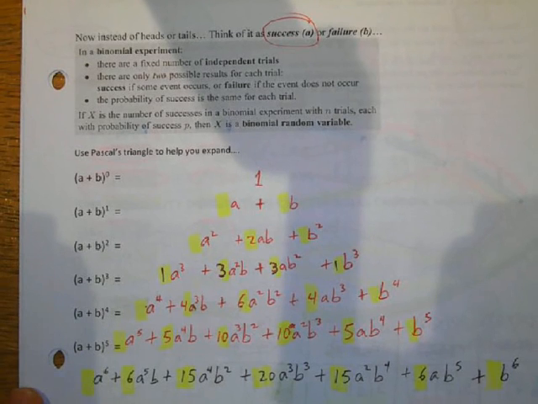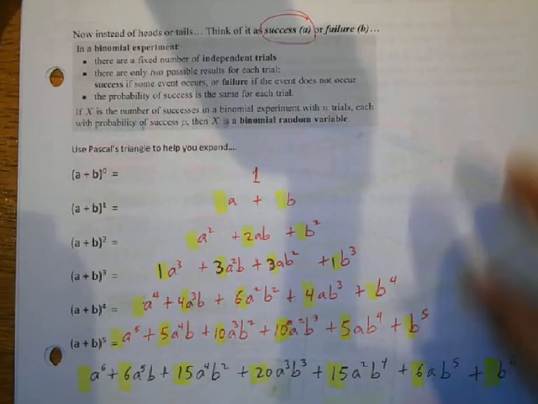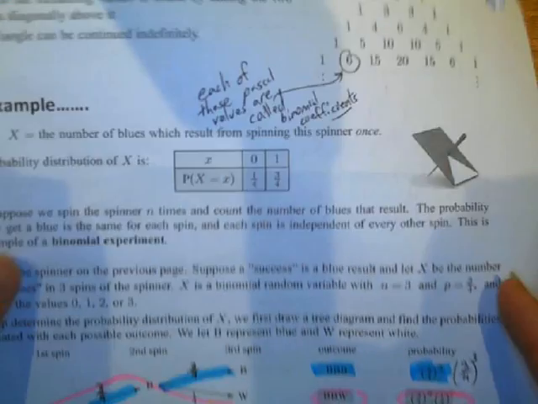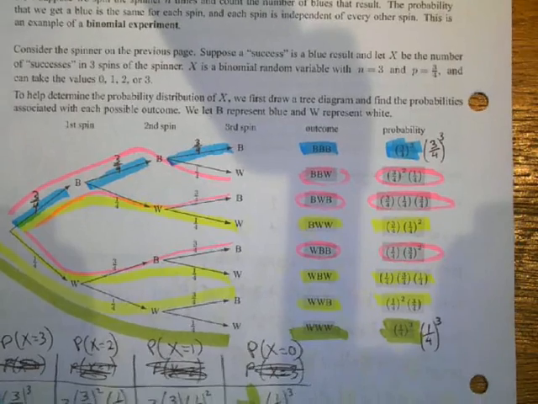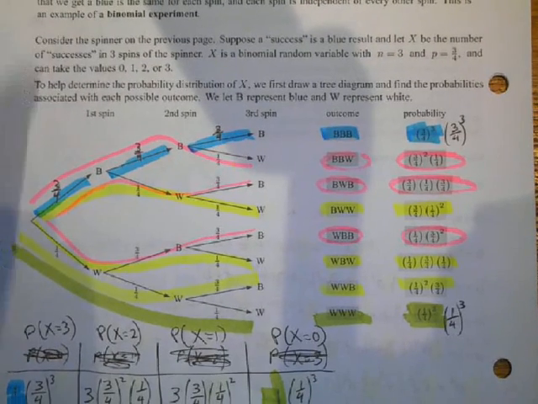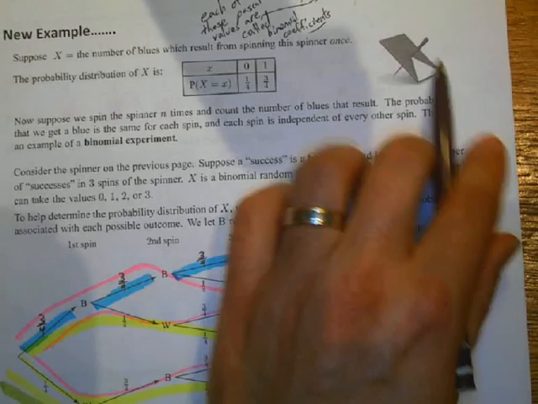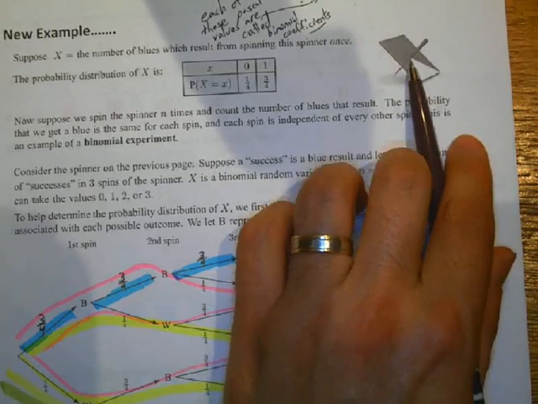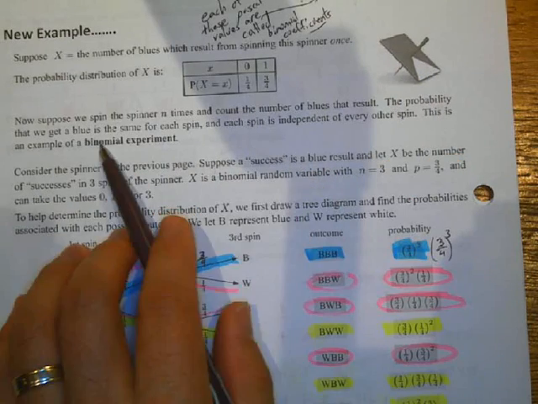Okay, so in this example, we're going to be using the Pascal's triangle from the previous part. Now, unlike the coin when we toss that, here we have a 3/4 chance of success, the probability of getting blue is 3/4, and the probability of not getting blue is 1/4.